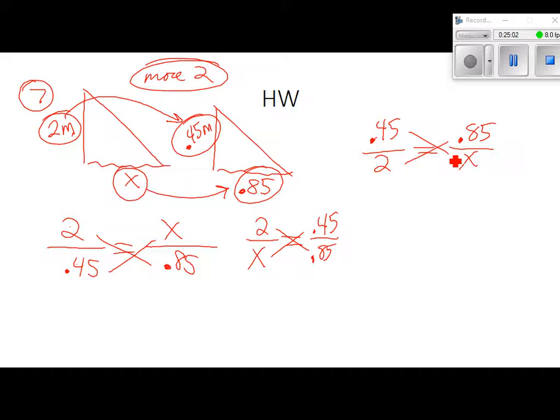So when we cross multiply here, let's just do this one because I got more space here. What's 0.45 times X? On the other side, what's 2 times 0.85? 1.7. Now what do we do? Divide by 0.45. Grab your calculator. These are decimals, so do we really care if we get a decimal answer?